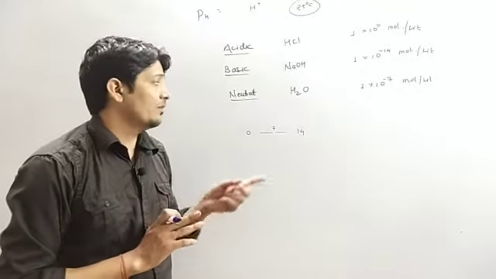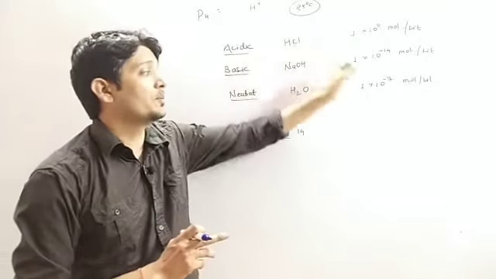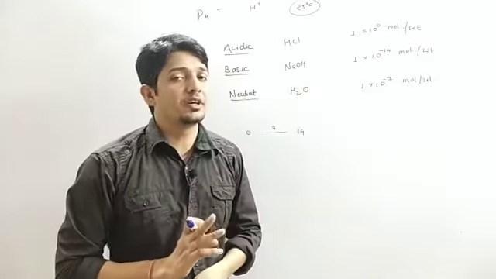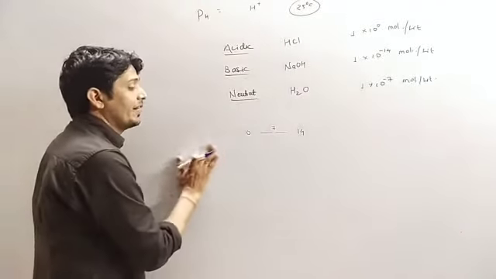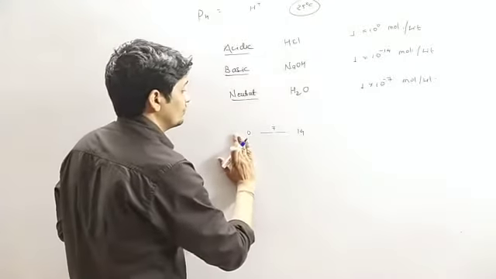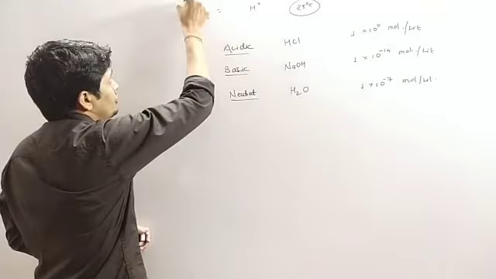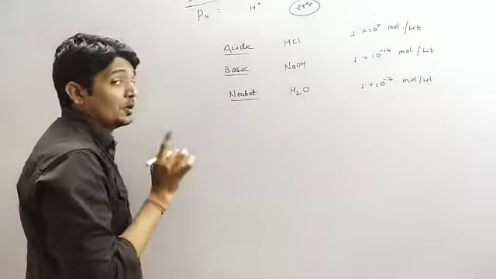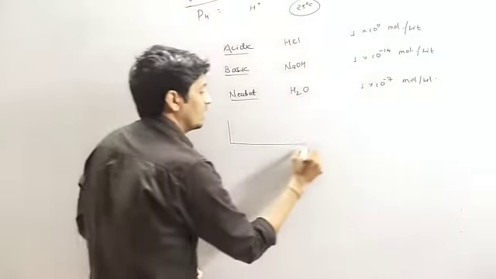Pure water dissociates at room temperature and produces 1 into 10 to the power minus 7 moles per liter of H positive ions. On that basis, the range of pH value is 0 to 7 and 7 to 14. This is the range of the power of hydrogen. So let's draw the pH scale.